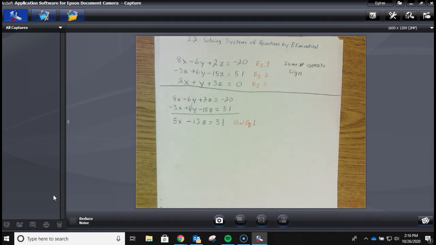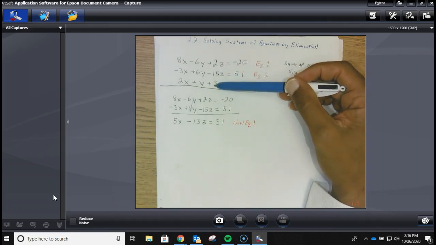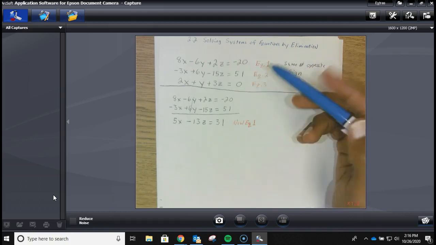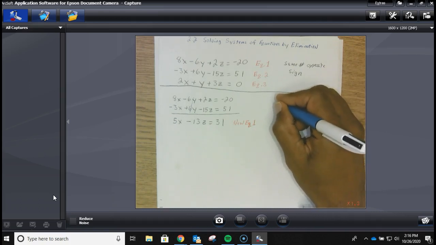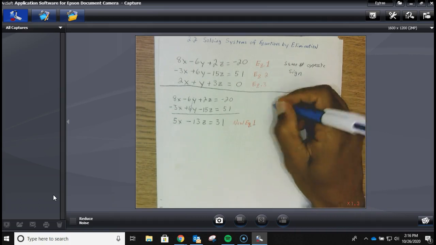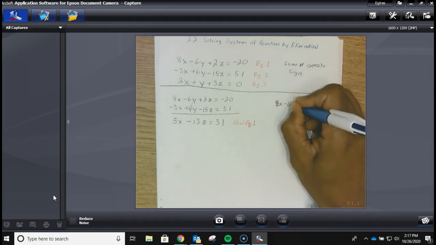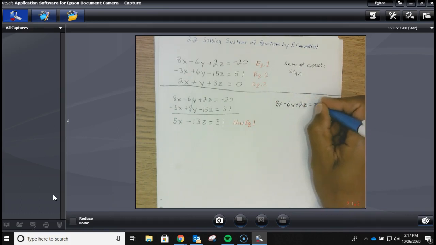So now I'm going to do the exact same thing, except I'm going to eliminate y with the first equation and the last equation, the third equation. So I'm going to get rid of y by adding these 2 together. But before I can do that, I have to do some manipulation. So let me write them down again. I'm going to write down 8x minus 6y plus 2z equals -20.